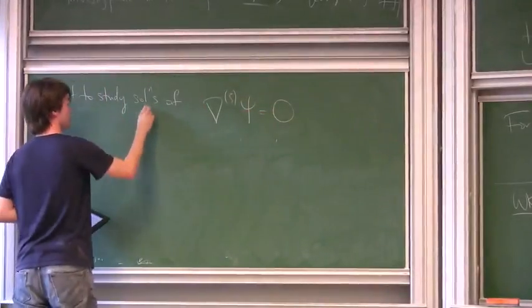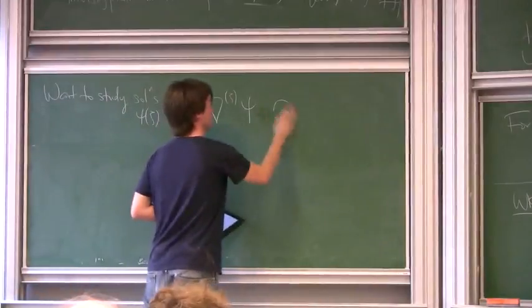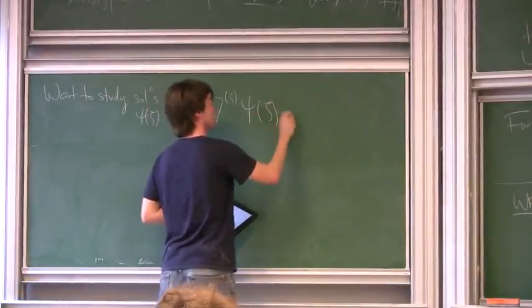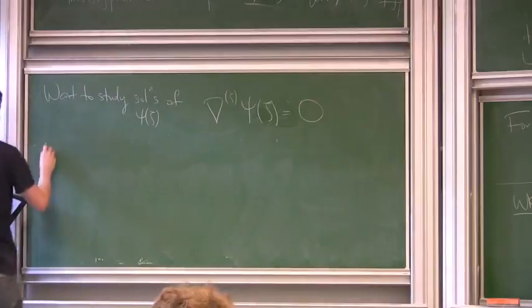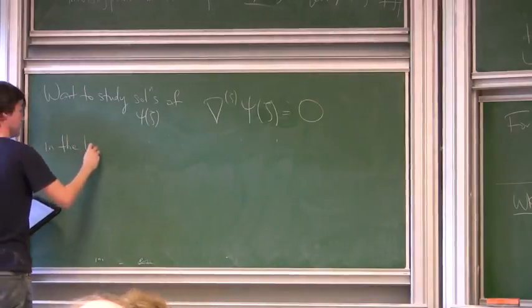Well, I guess I should call the solution also psi of zeta. So nabla zeta psi of zeta equals 0, in the limit zeta goes to 0.